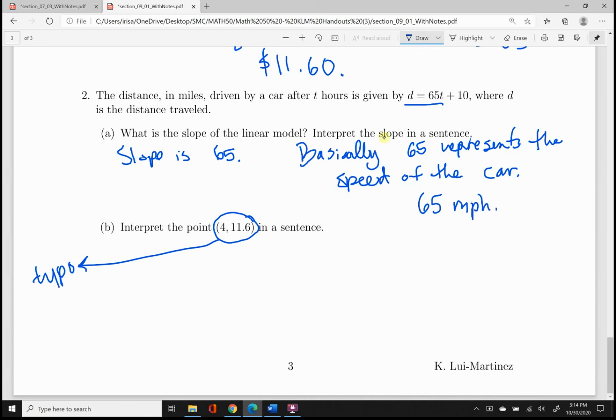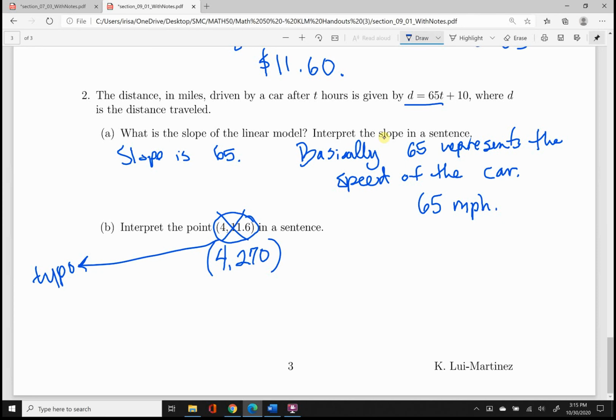Okay, so this ordered pair does not work. What if we had a 4 in there? So hold on. Plus 10. So keep the 4, but the ordered pair that really should be in here is (4, 270). Okay, so this is the ordered pair that actually makes sense to us.